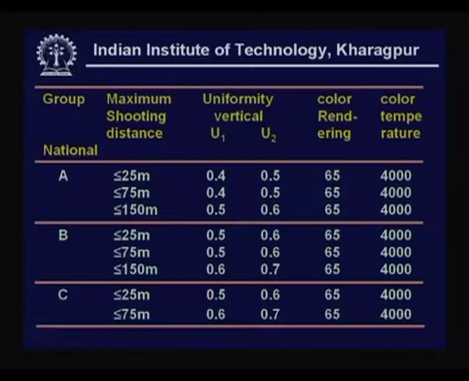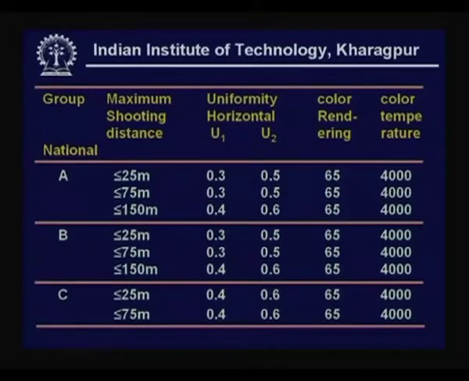As the speed of the game increases, we find this goes on to 0.6, 0.7. If you take the horizontal indices, they vary from 0.3 to 0.4 for group A, which become 0.4 to 0.6.